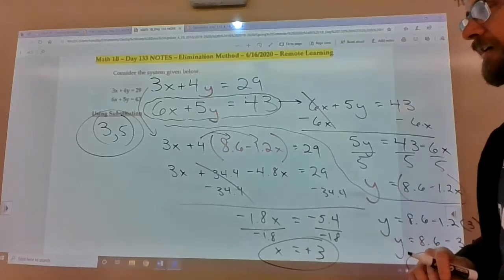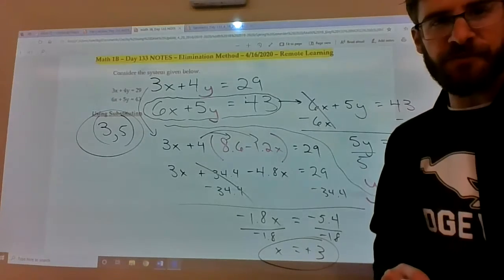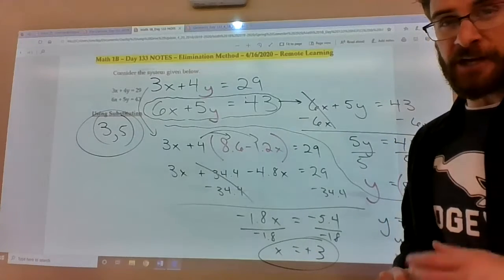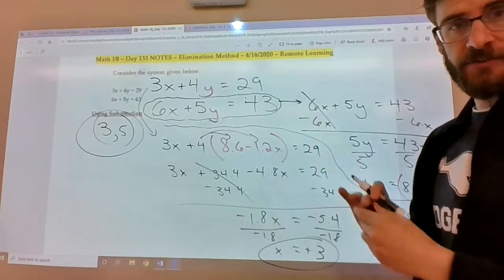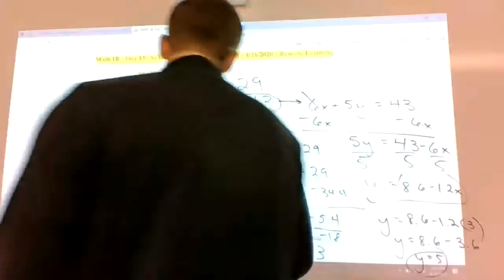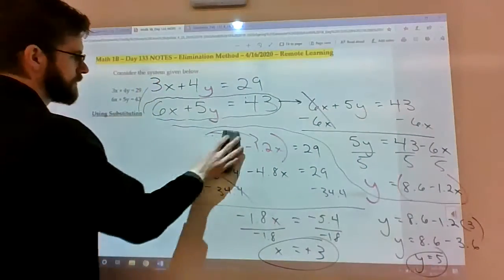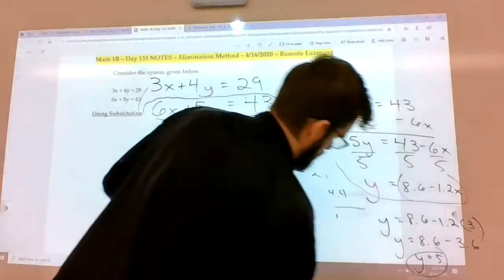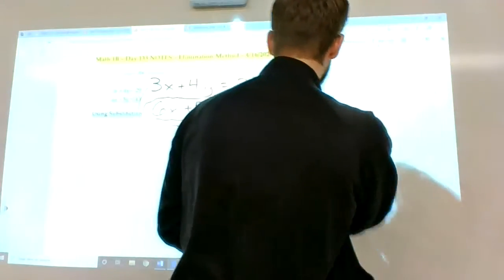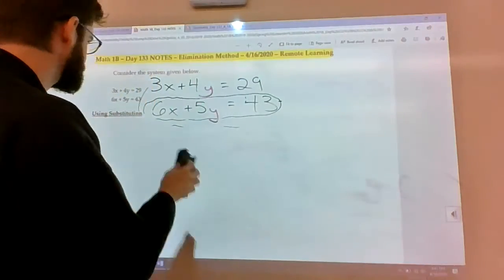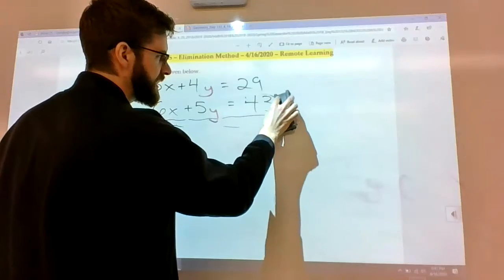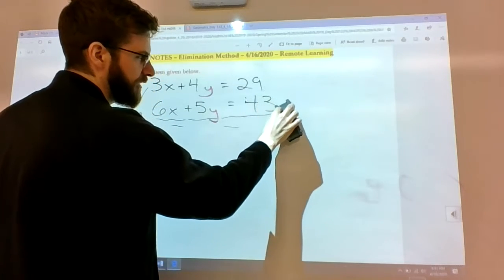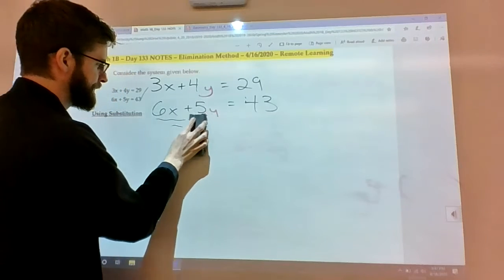There is another method that I think you guys will find a lot more convenient, especially when you've got a system that is set up just like this. So the alternate method, we call it elimination. The reason why we call it elimination is because we want to get rid of one of the variables right away.